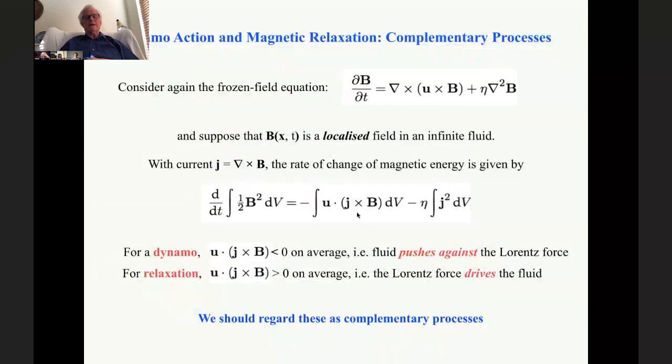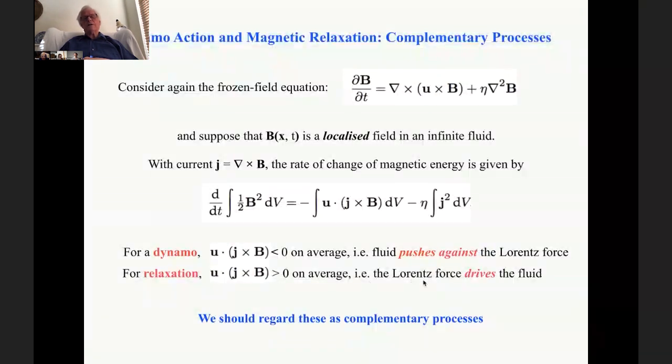This term here, however, is what interests us. For a dynamo, U dot J cross B has to be negative on average. With this minus sign, that makes this term positive, and magnetic energy can potentially increase. The fluid must push against the Lorentz force on average. For relaxation, by contrast, U dot J cross B is positive on average.